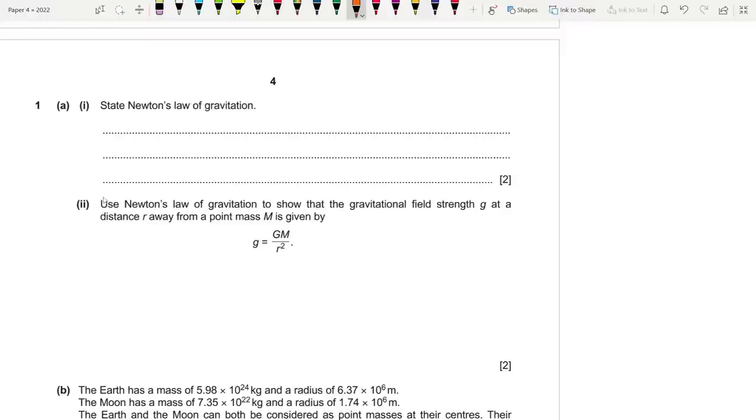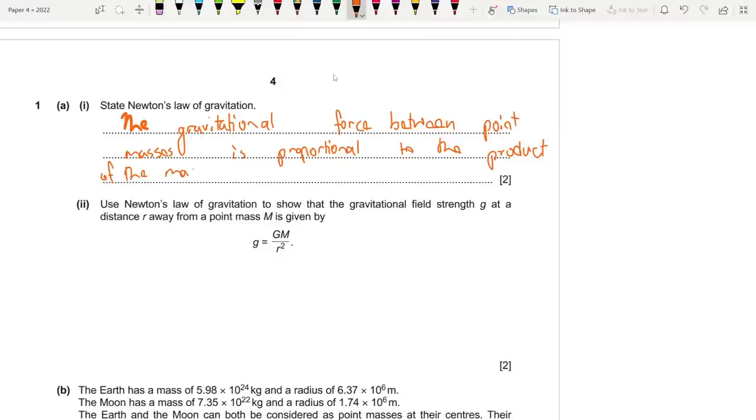Alright. So the gravitational force between point masses is proportional to the product of the masses and is inversely proportional to the square of their separation.